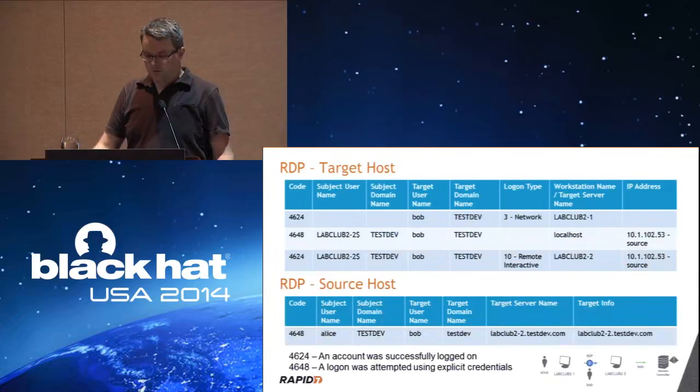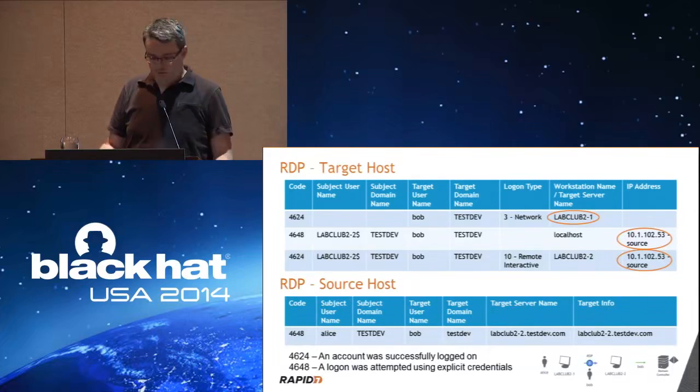So if we compare the logs that we get on the endpoints, when we look at the target host first, on the target we see both the source host name and the IP address and the name of the target's user.